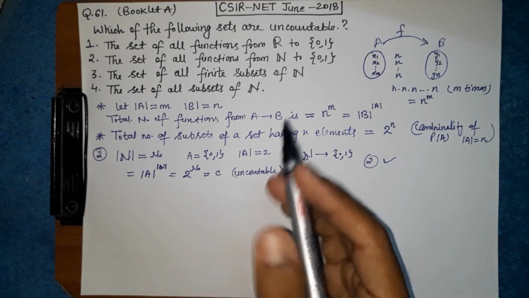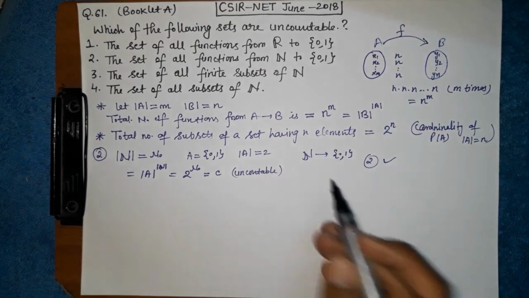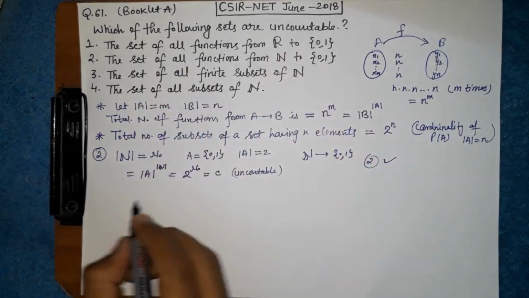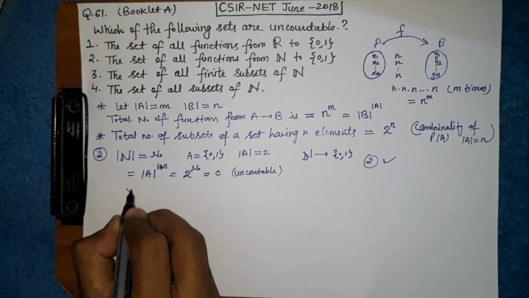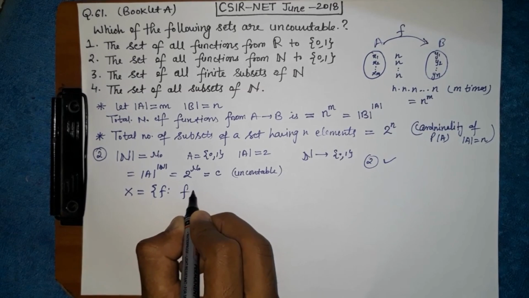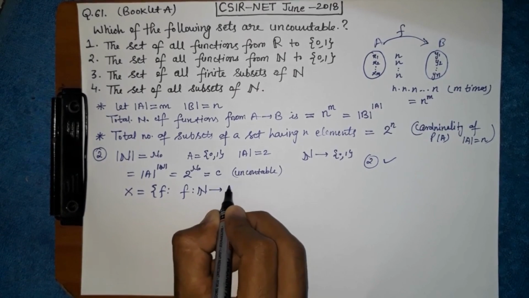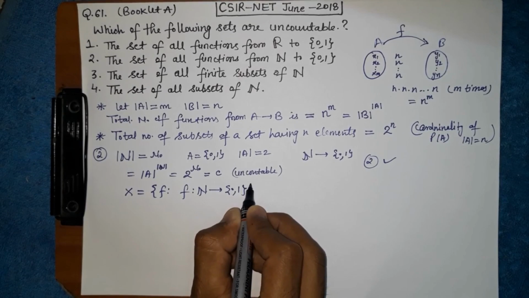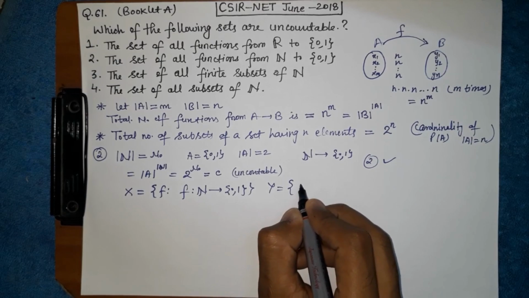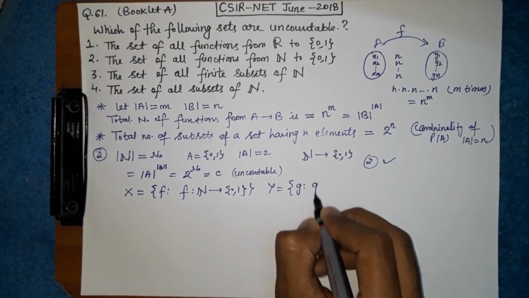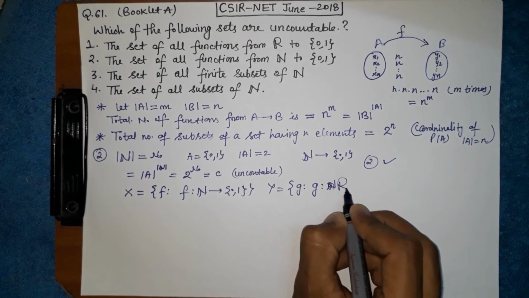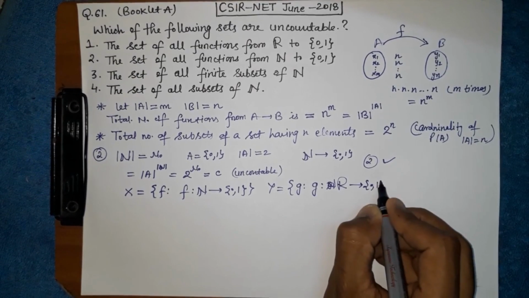So if option number 2 is correct, 1 is automatically correct, because 2 implies 1. The first one is the superset of the second option. Suppose X is equal to {f such that f from N to {0, 1} is a function}, and Y is equal to {g such that g from R to {0, 1}}.